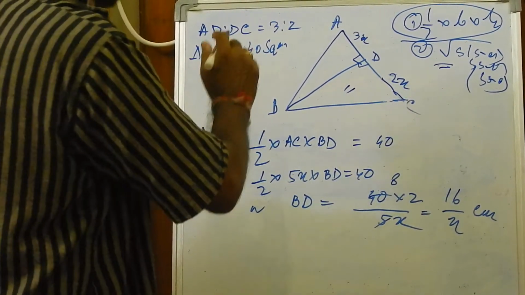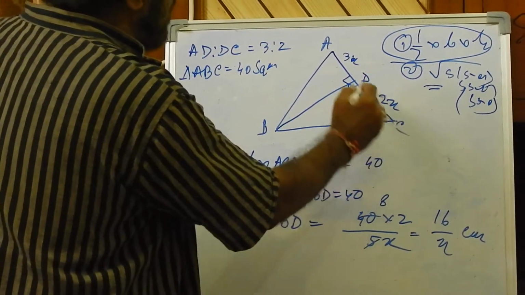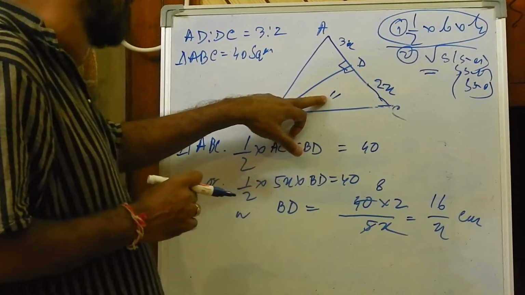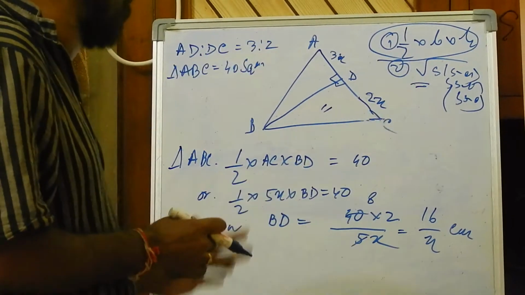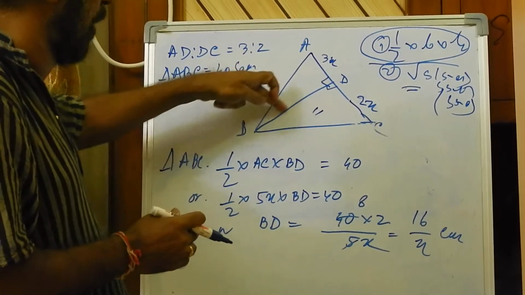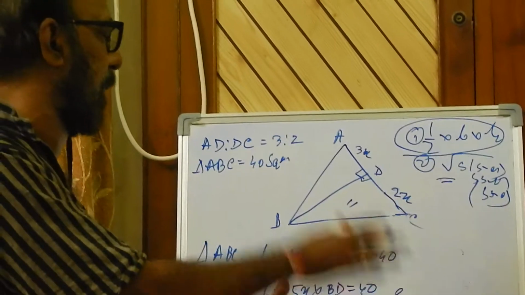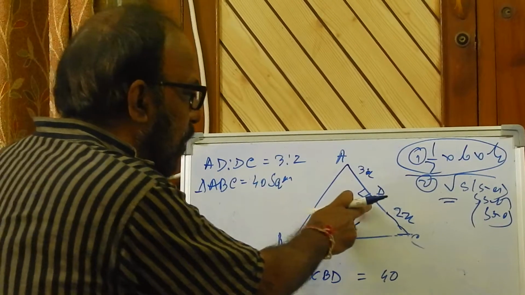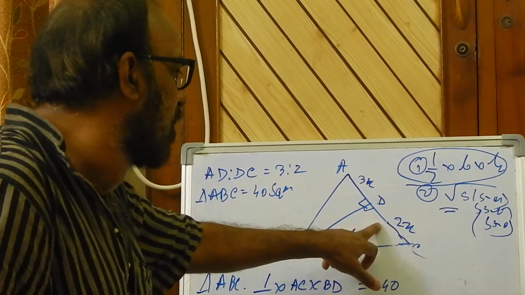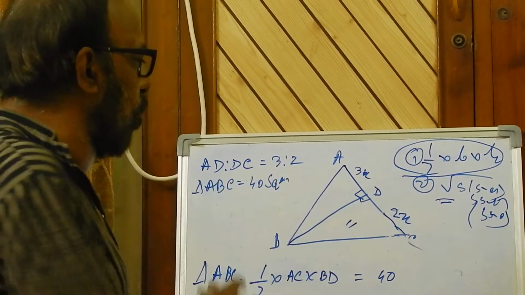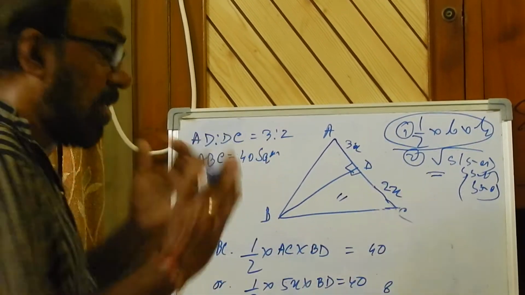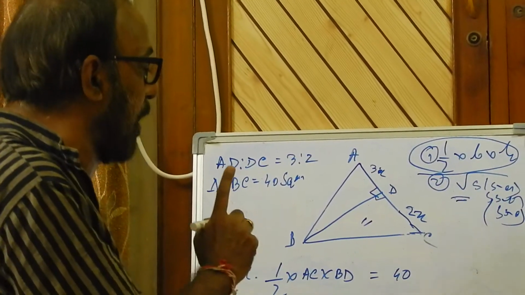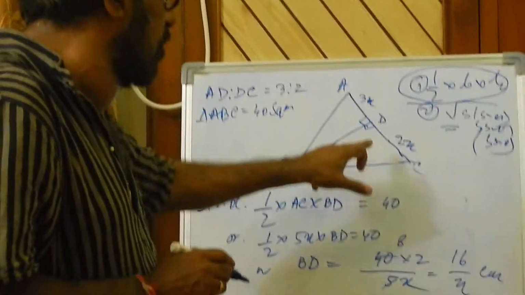Now we are required to find the area of BDC. Whenever we find the area of BDC, again we need the height of triangle BDC. So again it is BD. I told you earlier, wherever you find the perpendicular, it is the height. So BD into what is the base? BD perpendicular falls on which side? DC. So DC is the base and BD is the height. So half into BD into CD should be the area of BDC, and BD is known to us, CD is known to us.